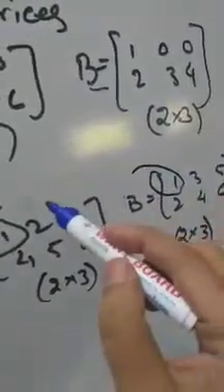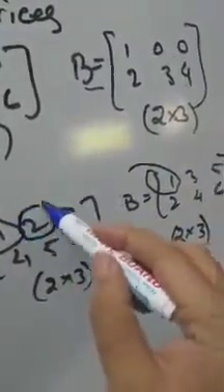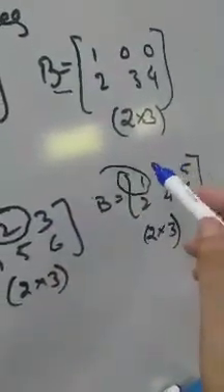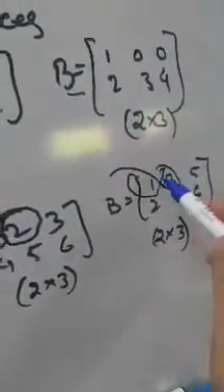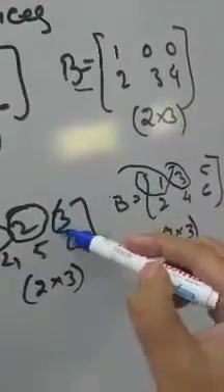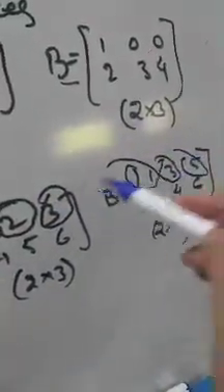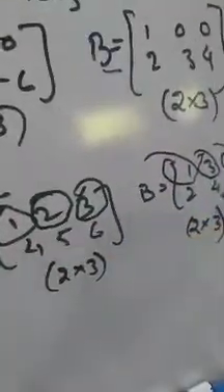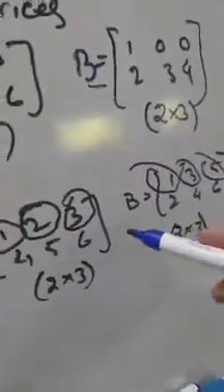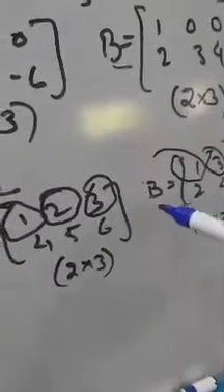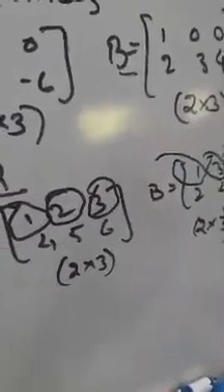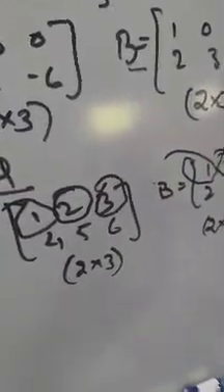What about the first row second column element? Here it is 2, and here it is 3. Then the first row third column is 3, but here it is 4. So they are not equal. Similarly you can check the others. Only the second row third column will again be equal. If a single corresponding element is not equal, then we say that the two matrices are not equal.